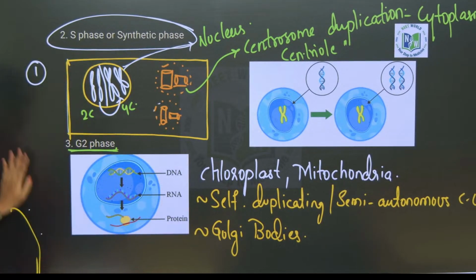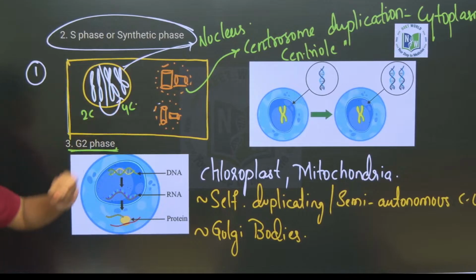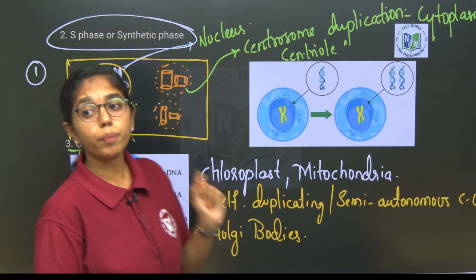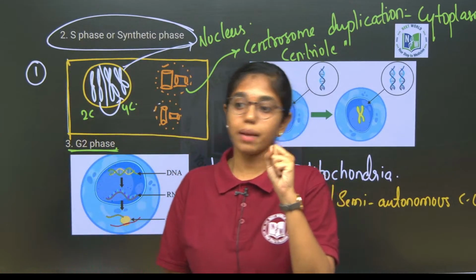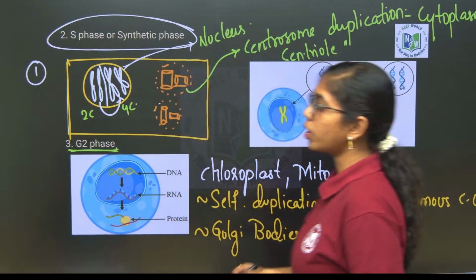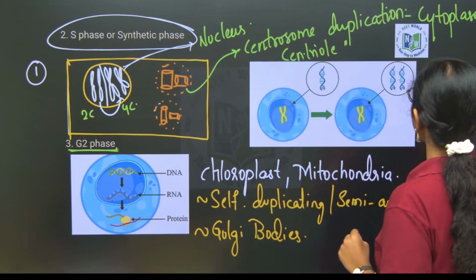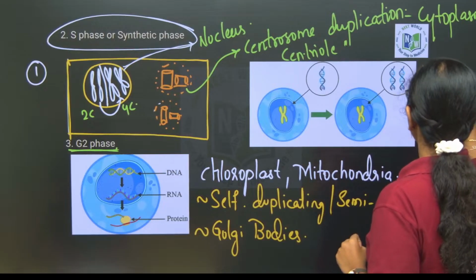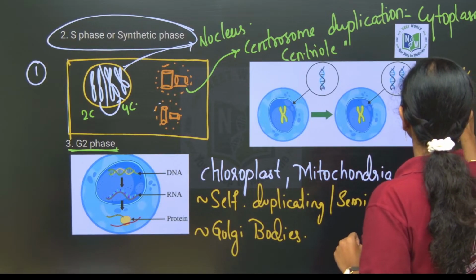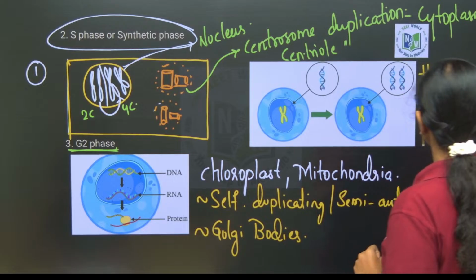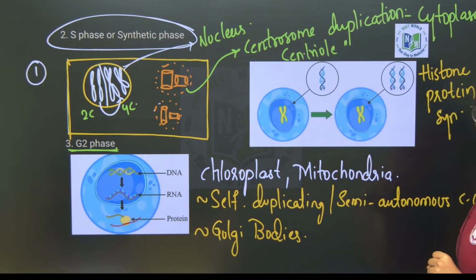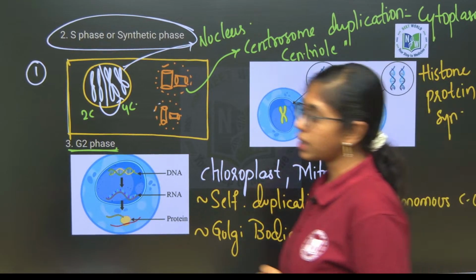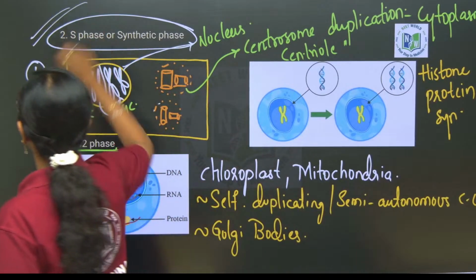And there is one more point to add over here, that histone proteins whichever are required for DNA packaging, those histone proteins will be synthesized in the S phase of the interphase. They are synthesized during S phase of the interphase.